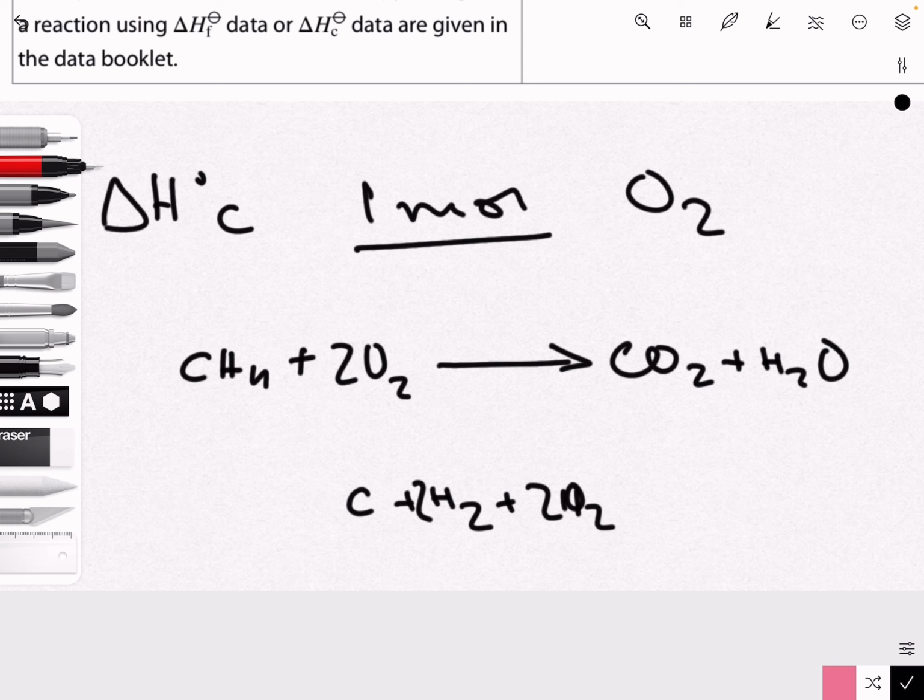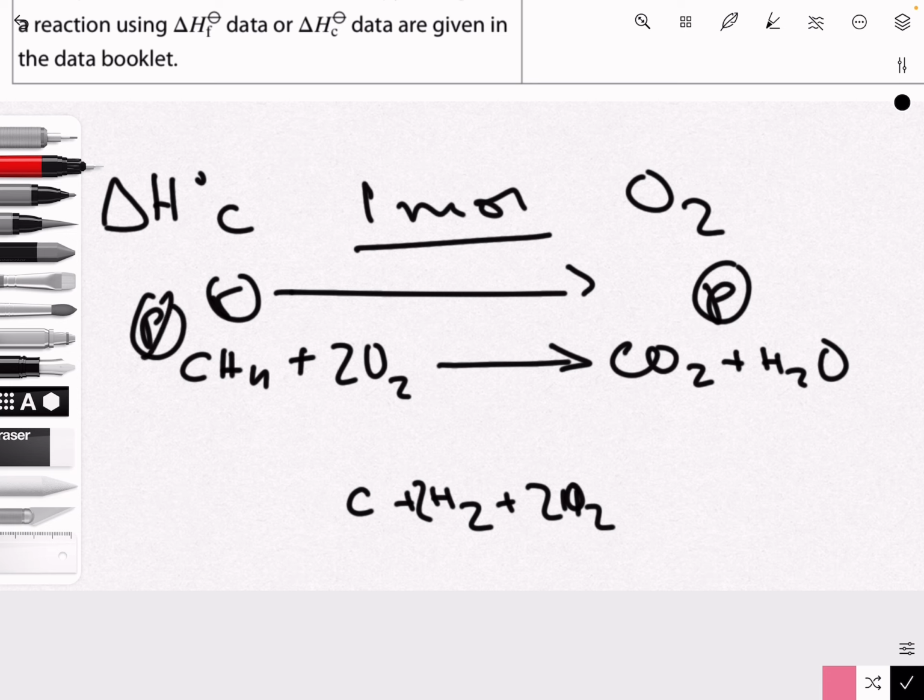So here we have the combustion of methane gas, and we have ourselves a little energy cycle. So what we want to find is the change in enthalpy from our reactants to our products. Apologies. And down here we have the constituent elements of these products and reactants.